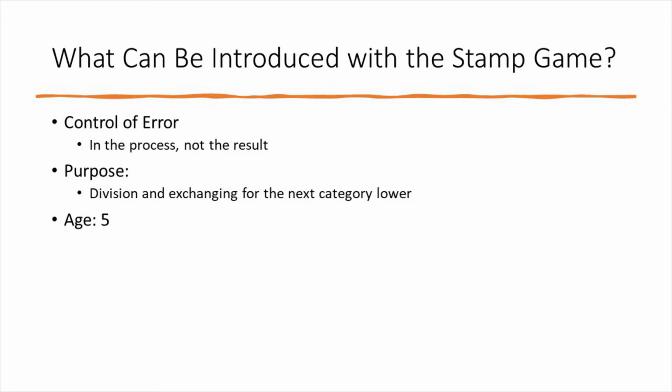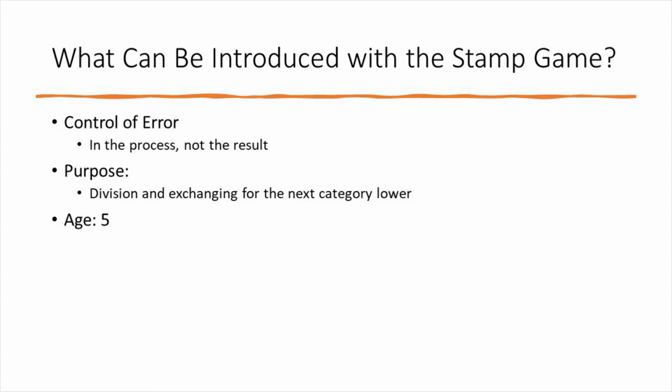Maybe you want to introduce the calculator at that point in time and say, can I check my answers with a calculator or something like that? So if it's elementary age and they're a little bit older, you might want to start working in a control of error. But if you're in that 3 to 6 age group, not necessary. We're just going to focus on the process.